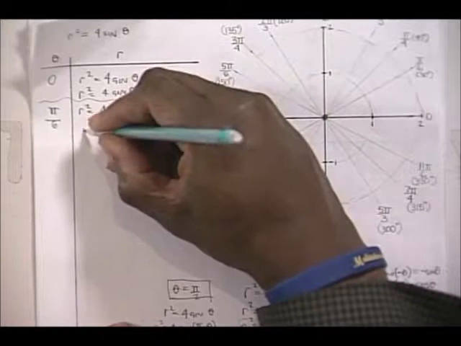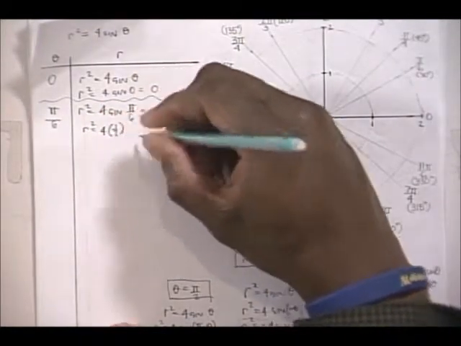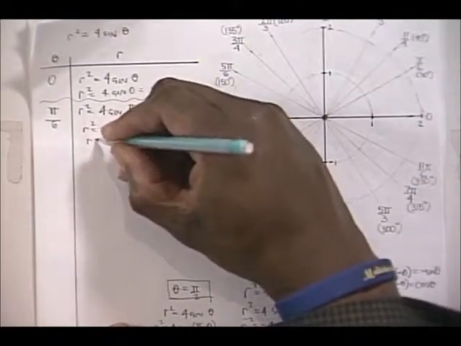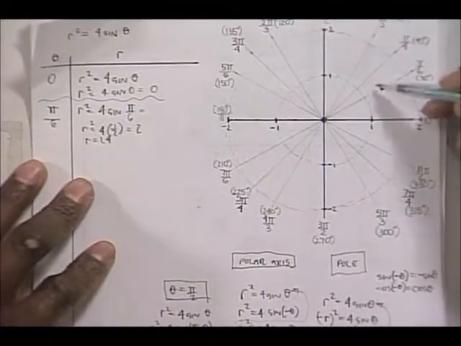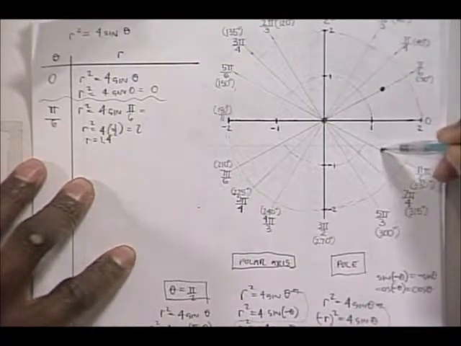So you get r squared is equal to 4 times half. 4 times half is 2, and the square root of 2 is 1.4. So r is 1.4. So you're going to plot the point at an angle pi over 6, and you're going to go out a radius of about 1.4. Don't forget, we checked for symmetry. This is symmetric about the polar axis. So you can put a point right here.